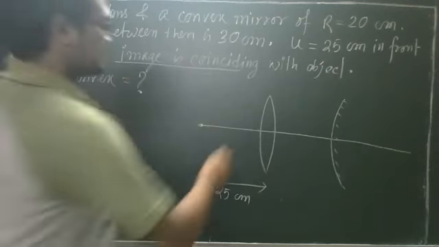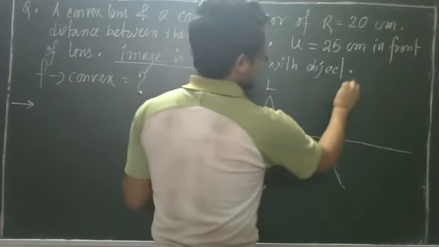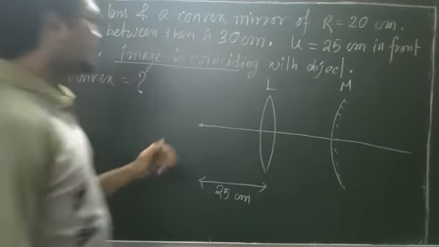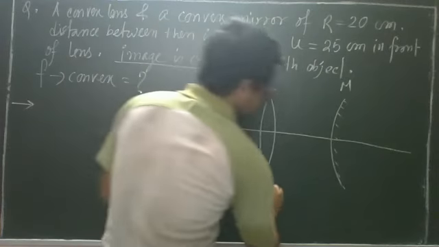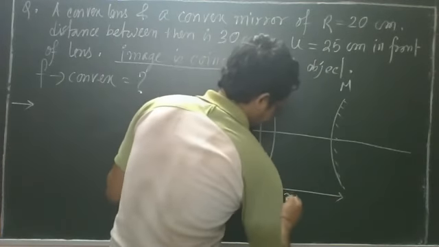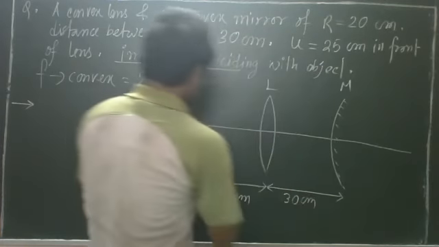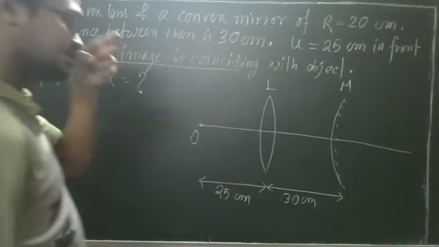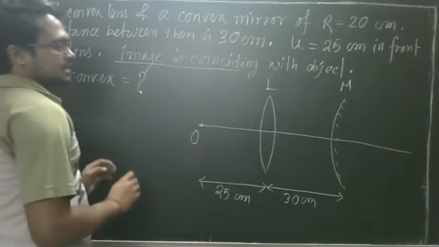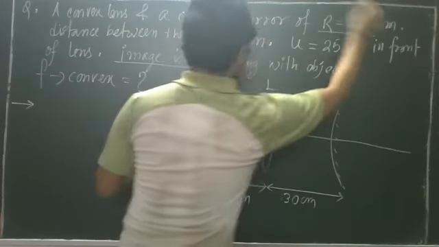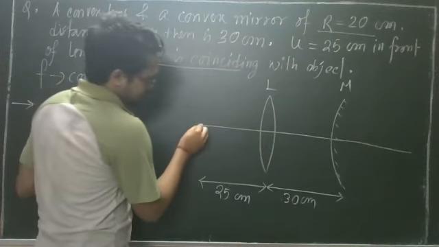This is lens L, this is mirror M, and the separation between these two is given as 30. This is the object. R is given as 20.